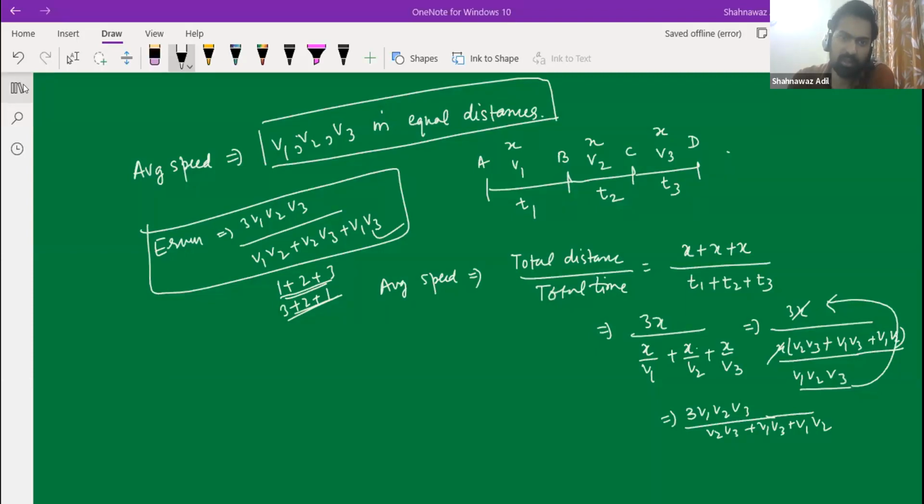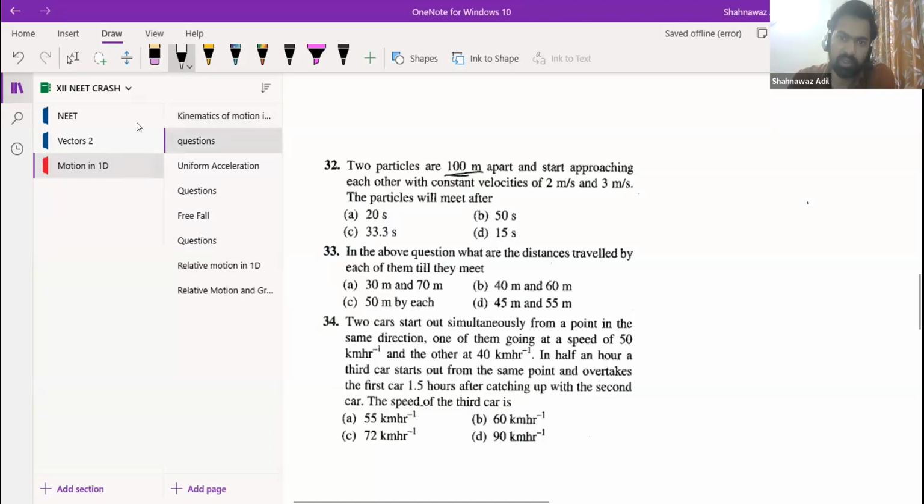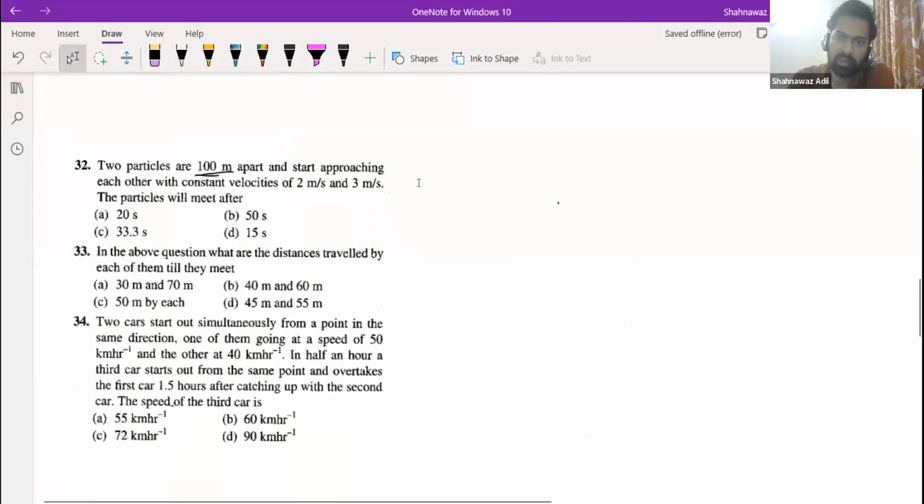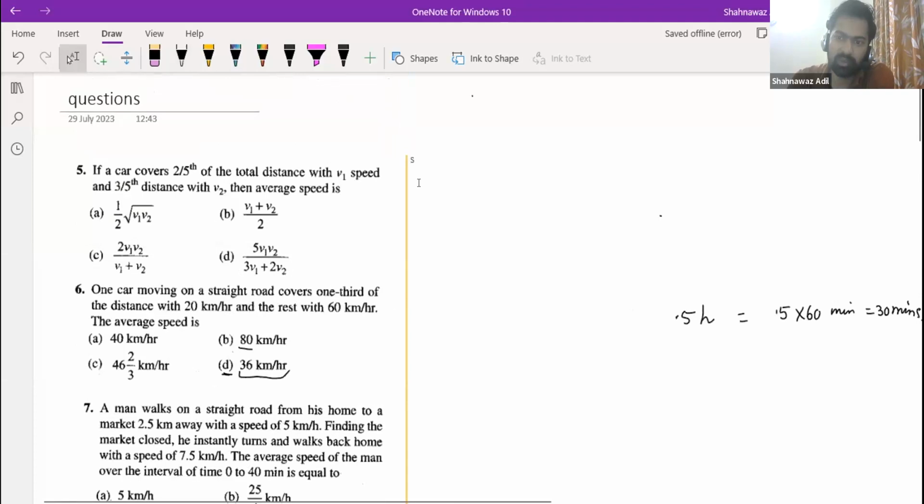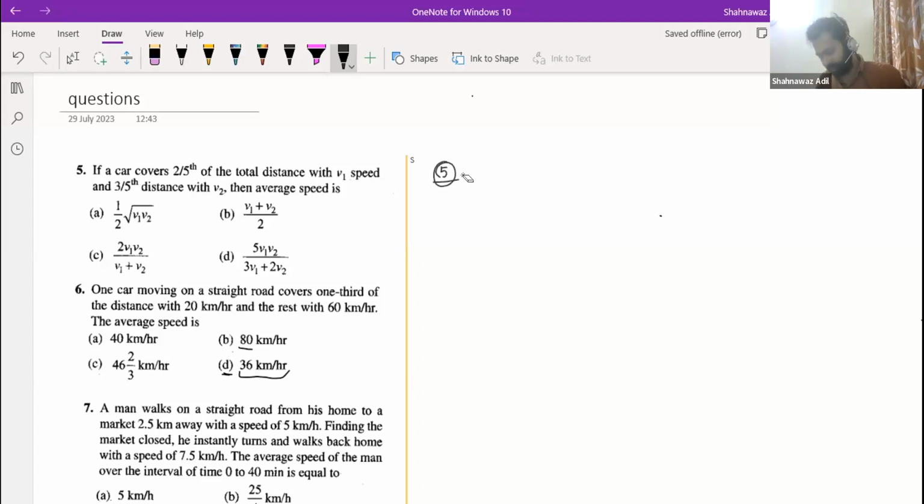So then let's do some questions, right? So quickly do these questions, and then you guys will be able to understand what we were talking about. Quickly we will do one question and then we will move on. So you have this question. Fifth, what you guys are getting. The idea is similar. You have to apply the same idea.